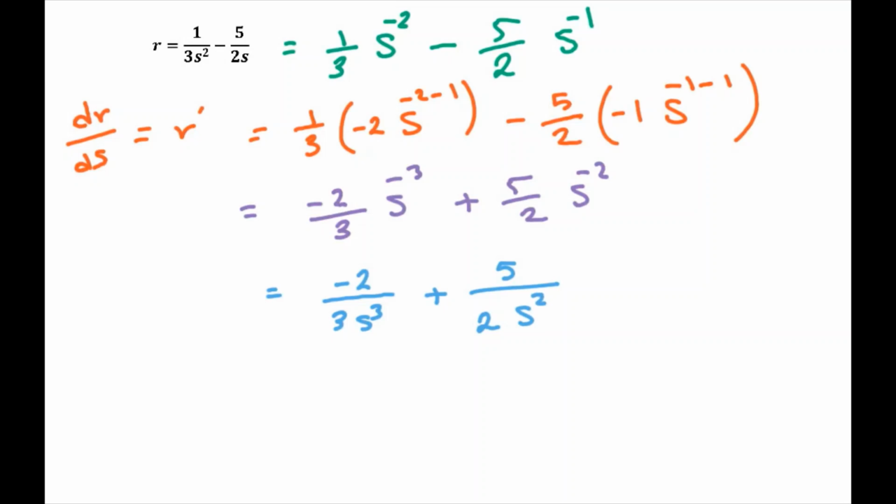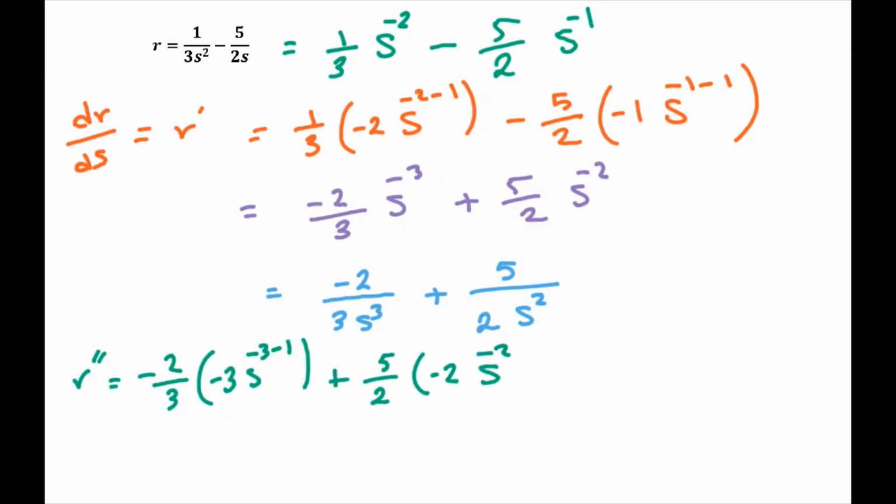Okay, now the second derivative, for the second derivative I'm going to use this form. So r double prime equals negative 2 over 3 times negative 3s to the power of negative 3 minus 1, plus 5 over 2 times negative 2s to the power of negative 2 minus 1.